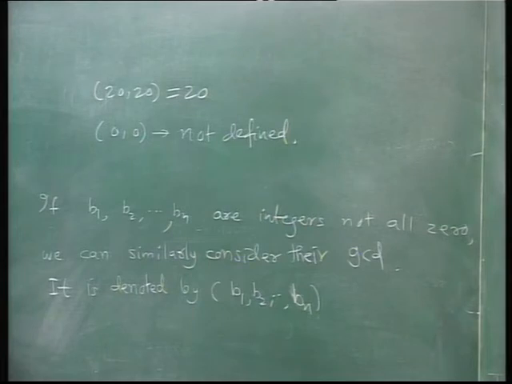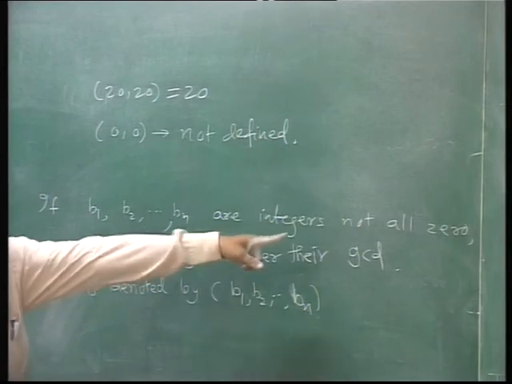So this greatest common divisor for any two integers or any n integers we can define. But the requirement here, for n integers, is not all 0.